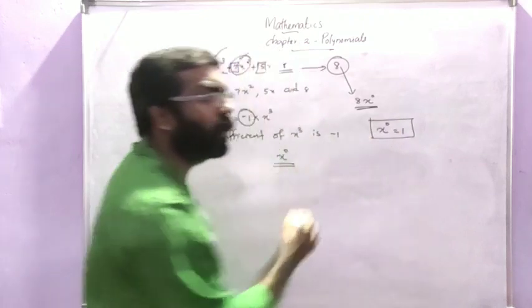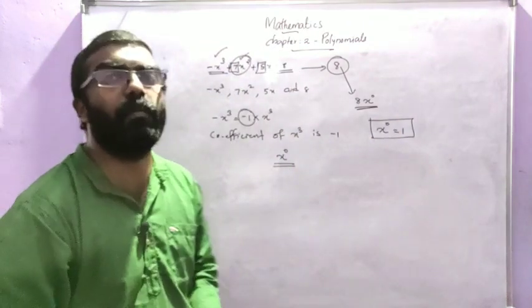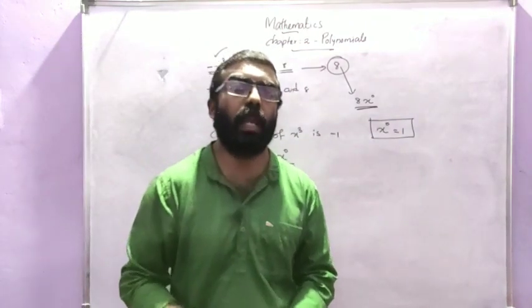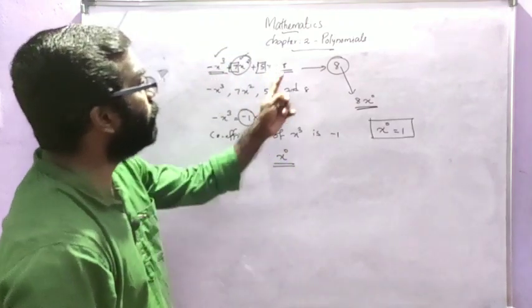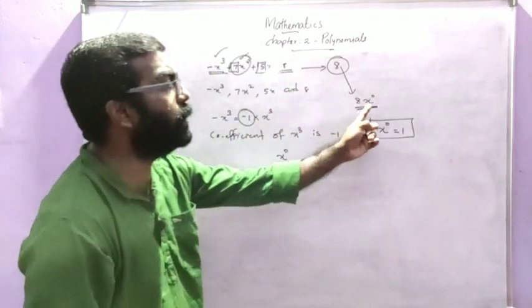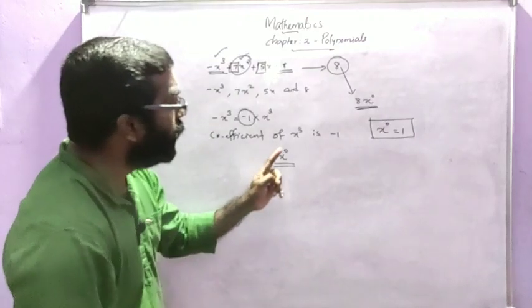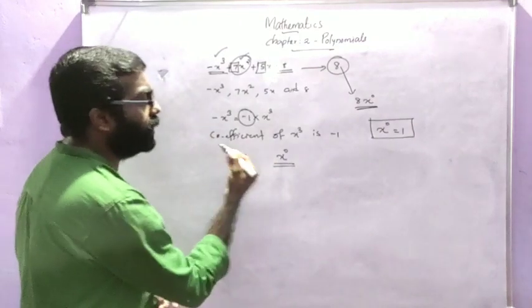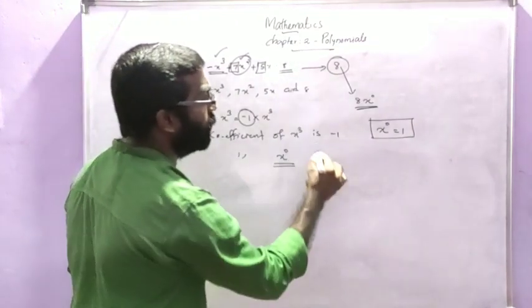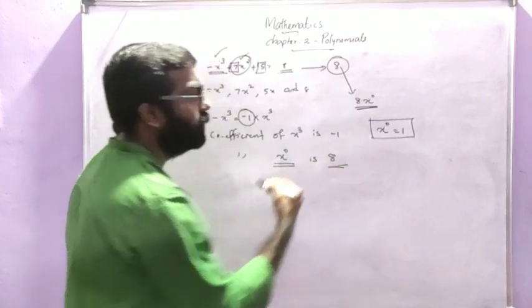So the coefficient of x raised to 0 in this polynomial is 8.